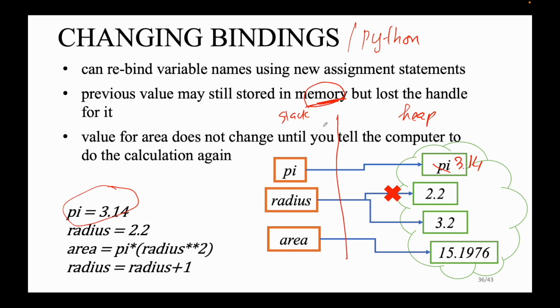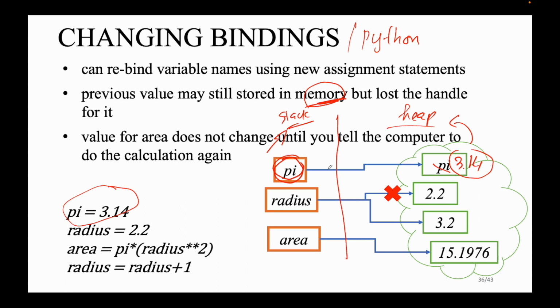So pi is a location inside stack memory, and the value 3.14 is a location inside heap memory. Actually, the pi location doesn't store the value 3.14. It's surprising, but it is correct.